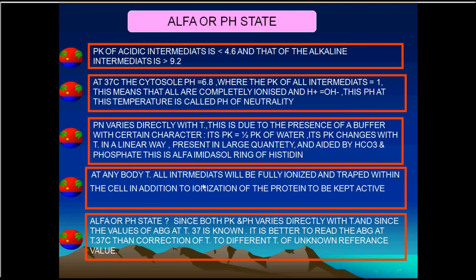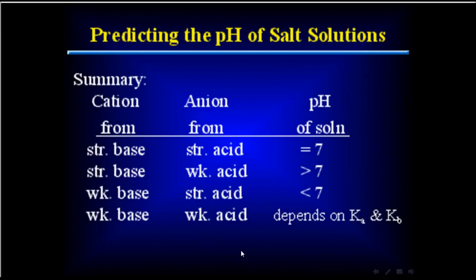At any body temperature, all the intermediates will be fully ionized and trapped within the cell. So in alpha or pH state, since both the pK and the pH vary directly with the temperature, and since the value of the ABG at 37 degrees is known for all of us, it is better to read the ABG at 37 degrees than to correct for temperature to different temperatures of unknown reference value.